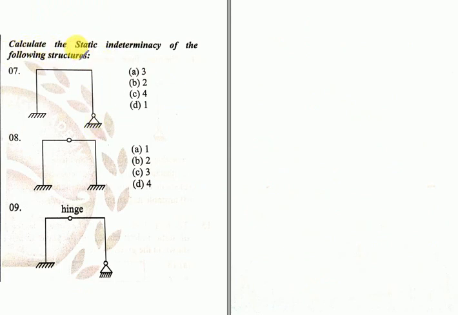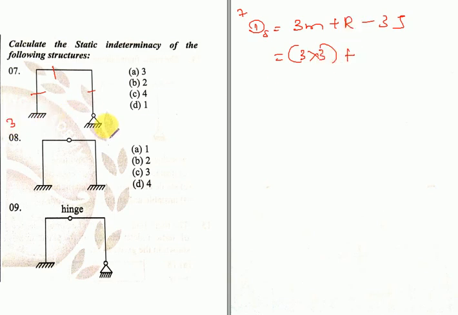Let us see. Calculate the static indeterminacy of the frame which is given here. I'll just directly put the formula 3m plus R minus 3j. So the total number of members here, in the seventh question, is 3 members, 3 into 3, plus the total number of reactions, here it is 3 and here, since it is hinge, it is 2. 3 plus 2 is equal to 5, minus 3 into total number of joints.